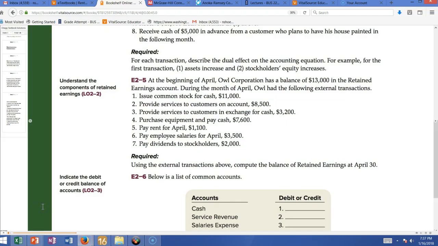Next, number 2, provides services to customers on account. What accounts are affected here? Cash? No. Accounts receivable goes up. What else goes up? And what kind of stockholders' equity goes up? Retained earnings increases when we receive revenues.